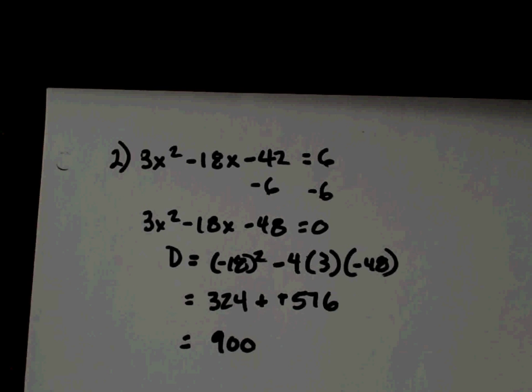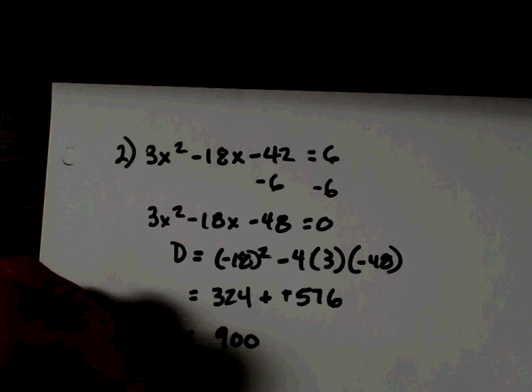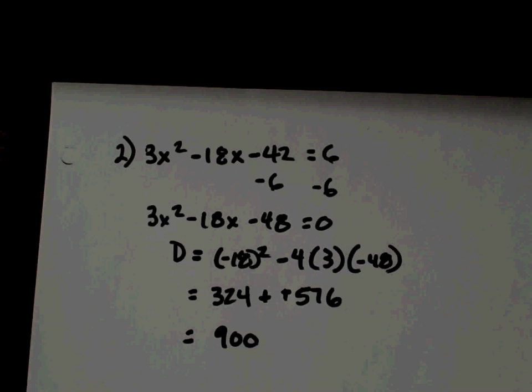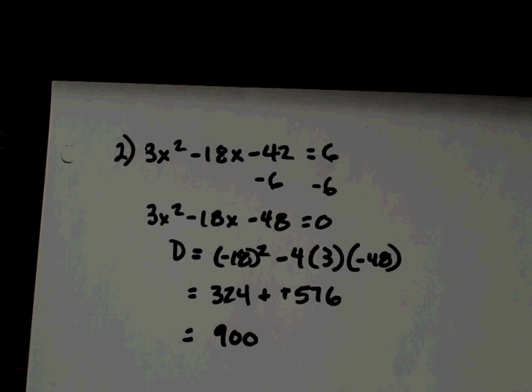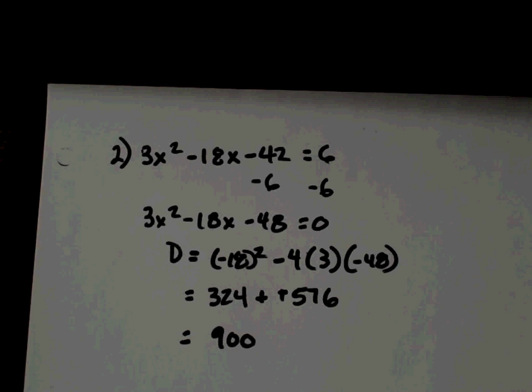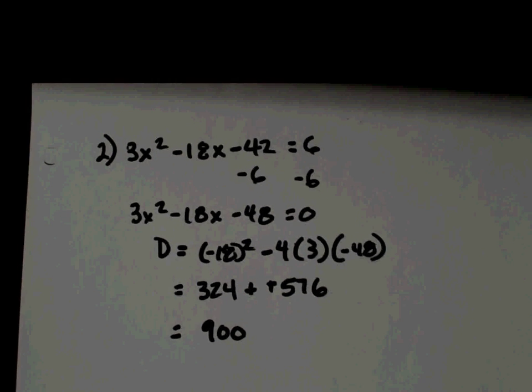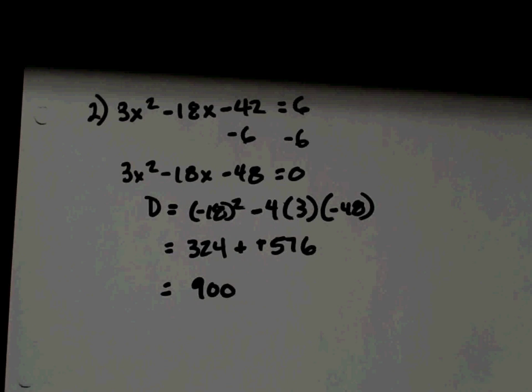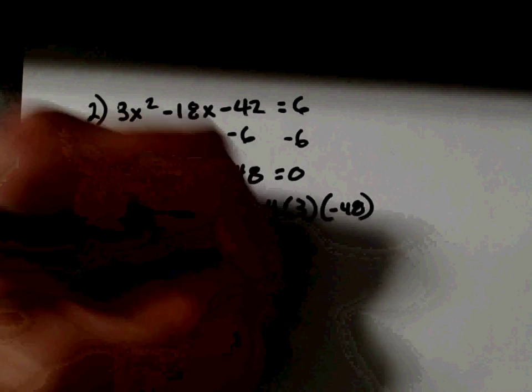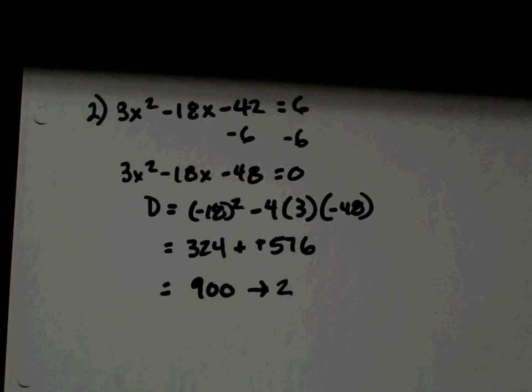Okay. What's the square root of 9? First of all, is 900 a whole number? Is it positive? So we're going to have how many x-intercepts? 2 of them. I want to find out if I can factor this or solve this by factoring. What kind of number is 900? Is it a perfect square?